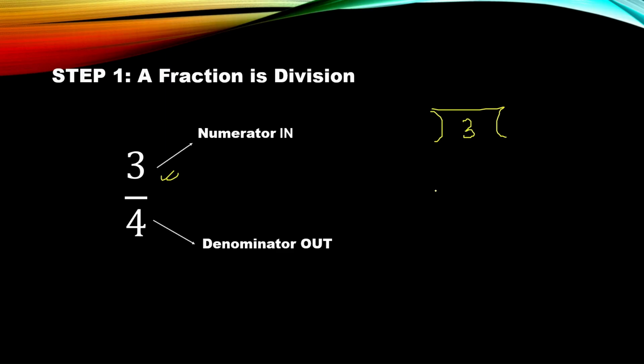That is my numerator. And the denominator, the number on the bottom, will always stay outside. That means 4 is my divisor. So we can understand that the numerator is actually my dividend and the denominator is my divisor. So a fraction is nothing but a simple division.